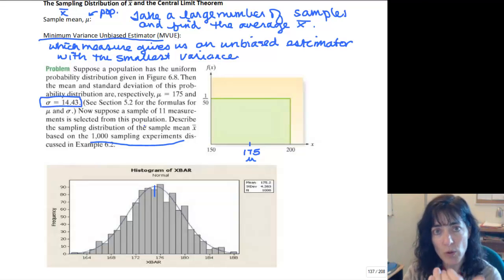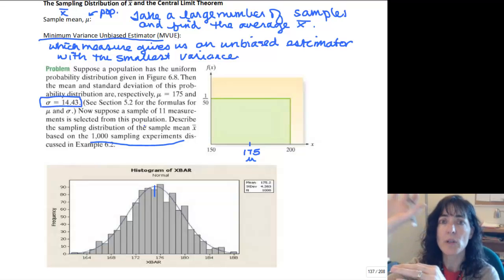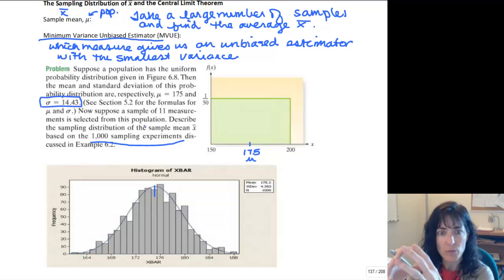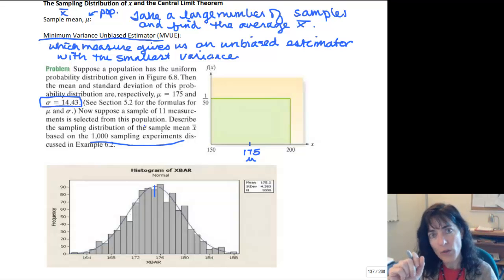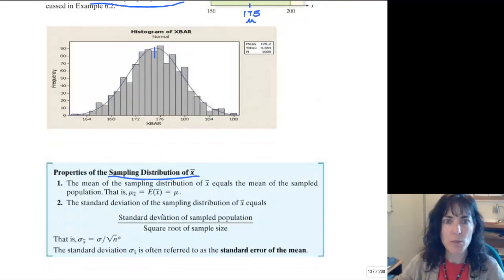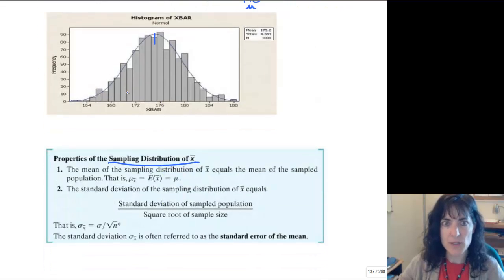And we do that a total of 1,000 times. So we're looking at a whole bunch of different 11 measurement samples and writing down all the means from all of them and then putting them into a histogram. So the histogram is just of the means that we collected from 1,000 experiments, and it's showing us the average mean for all of our 1,000 samples that we collected.